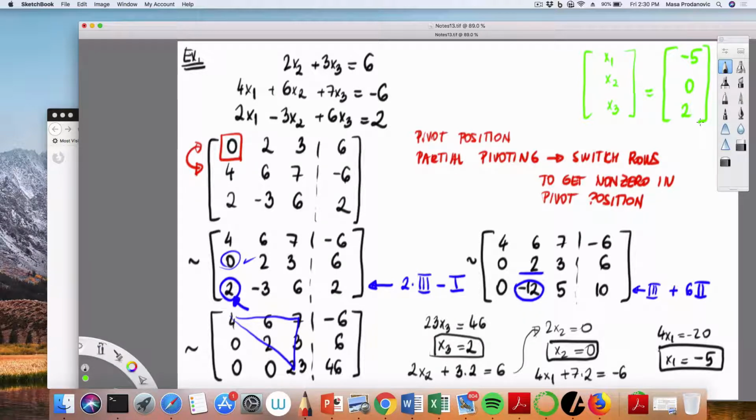Okay. Can somebody please check for me whether this is good? Pick one of the equations, throw the numbers in. Good. Now let's do the original system, just so that I haven't made a mistake on the way, right?